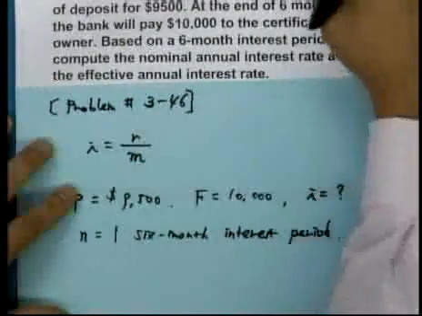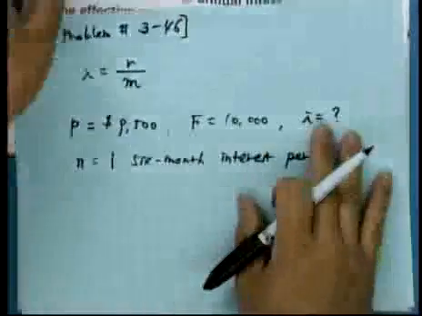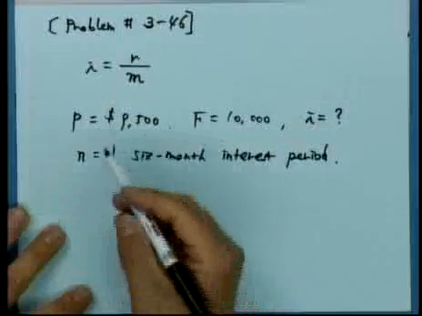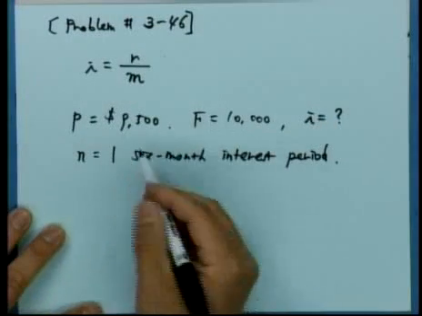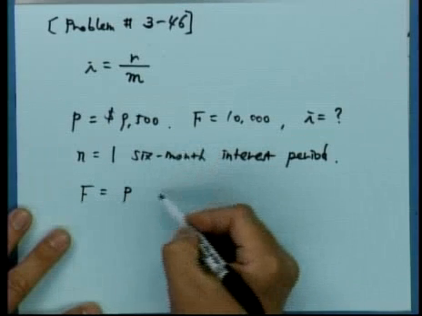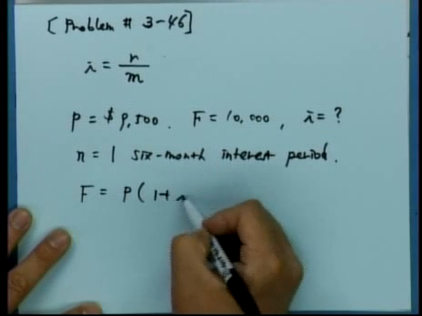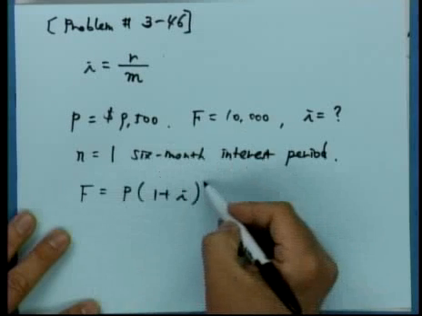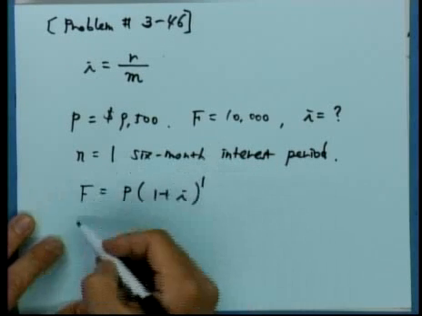So here, F is equal to P times 1 plus I to the power N, where N is 1.